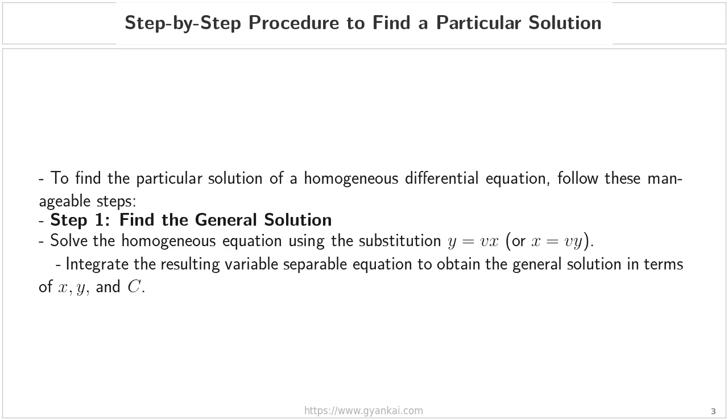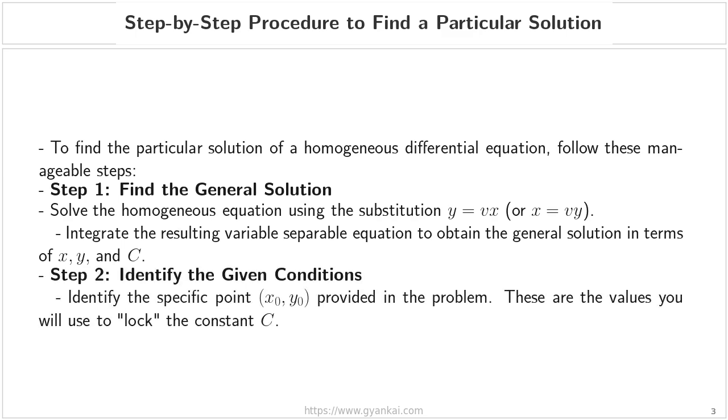Find the general solution. Since we are dealing with homogeneous equations, you'll start by using the substitution method, either replacing y with v times x or x with v times y. This transforms the equation into a separable form. Once you've separated the variables, you'll integrate both sides to obtain your general solution. At this stage, your answer will still contain that arbitrary constant, which we call capital C.